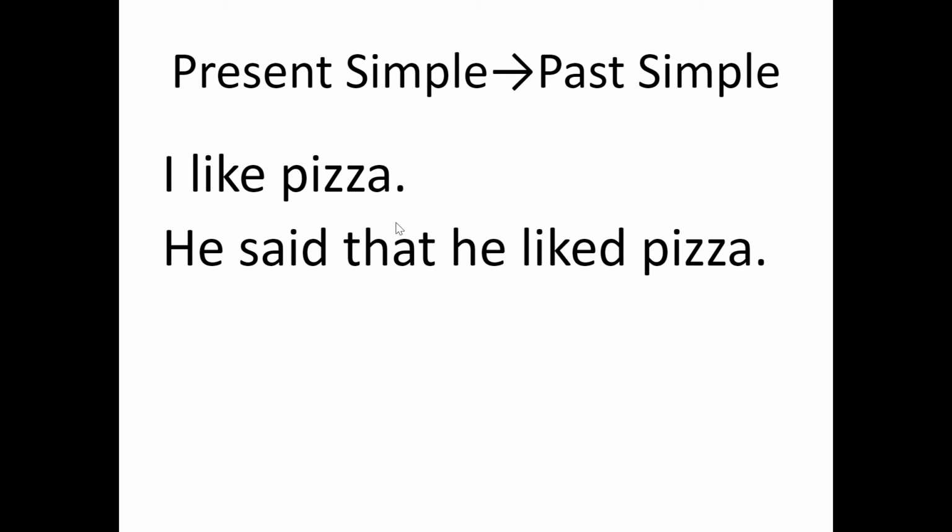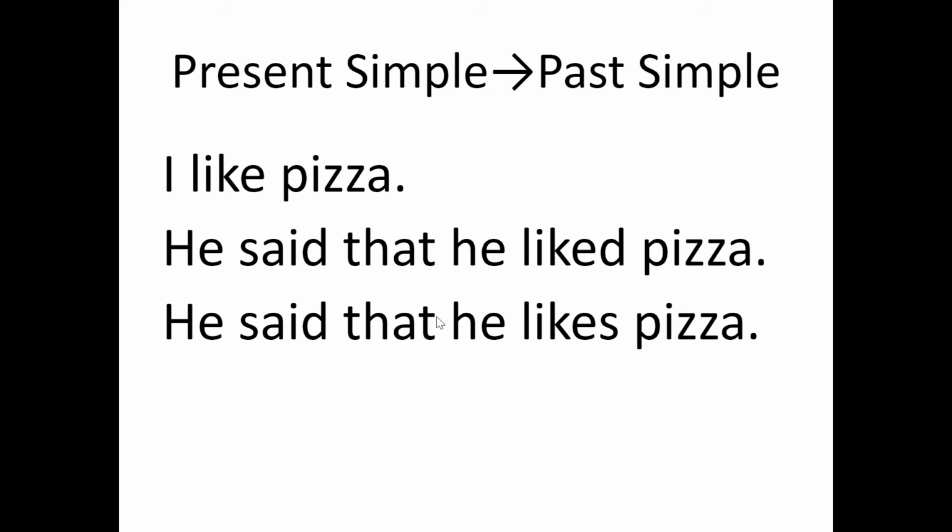So because we're talking about something that happened in the past, we change all the verb tenses to reflect the past. However, if it is something that is still true now, we don't always need to change the verb tenses. We could say he said that he likes pizza.